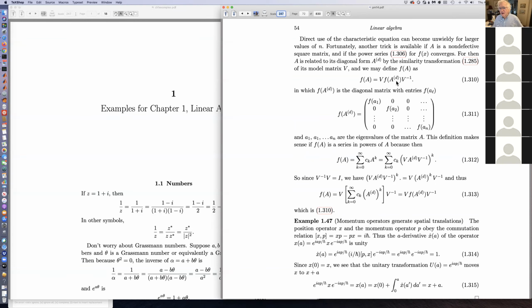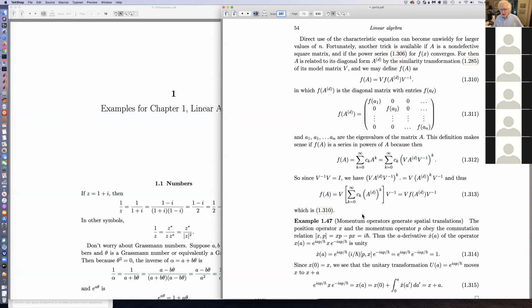So it looks like this. If the little a's are the eigenvalues of the matrix A, then it's f of a1, f of a2, f of an. And that's what f of A_D is that goes in here.